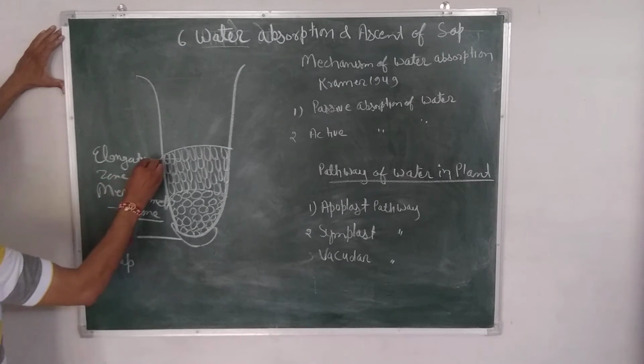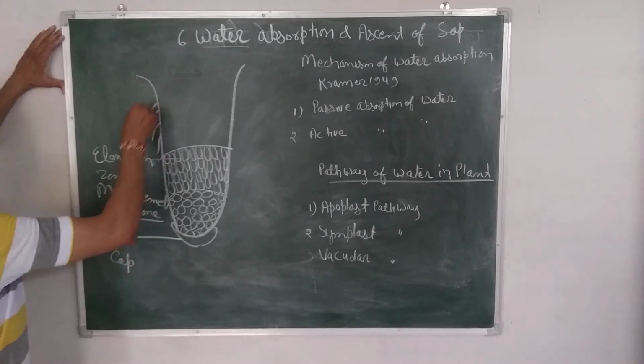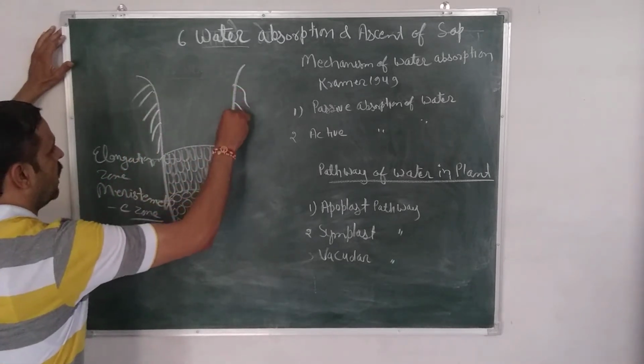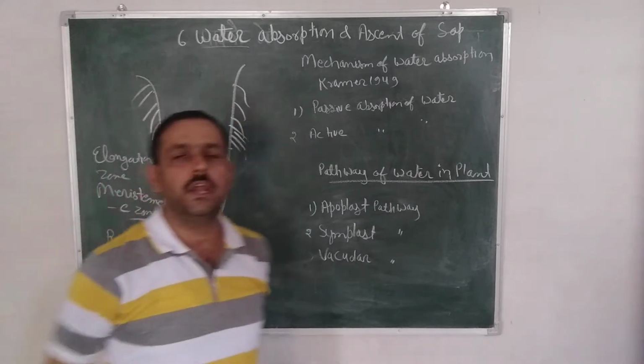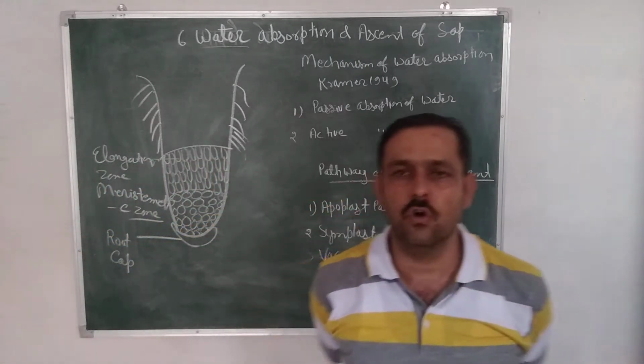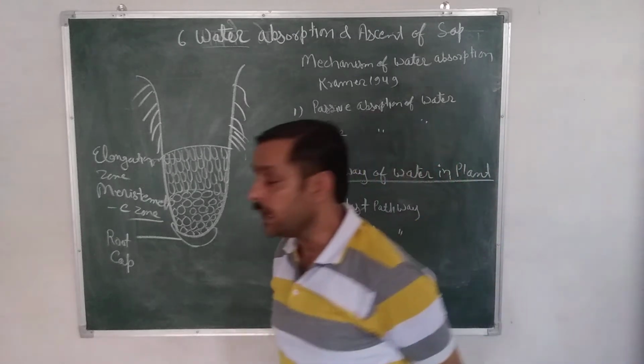After the elongation zone, there are so many, we can say thousands of hairs found on the root, and they are called root hairs.